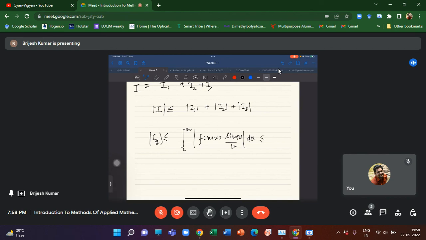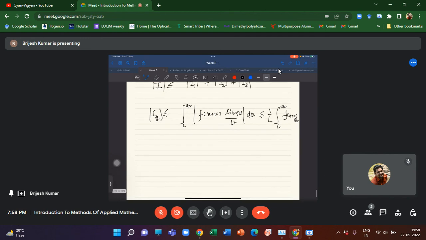This will be less than or equal to 1 by L times the integration from L to infinity of mod f(x plus v) dv. And similarly, mod I3 will be less than or equal to mod f(x plus 0) times the integration from L to infinity of mod sin alpha v over v dv.